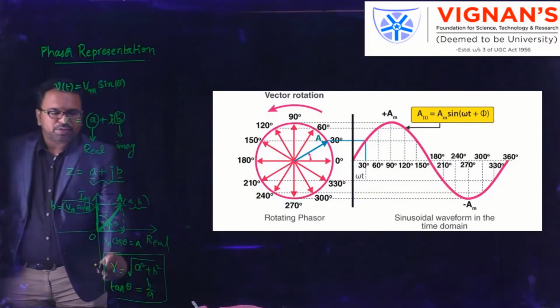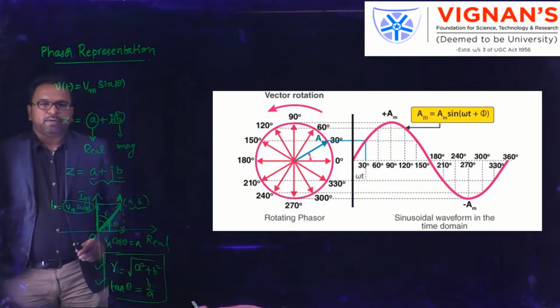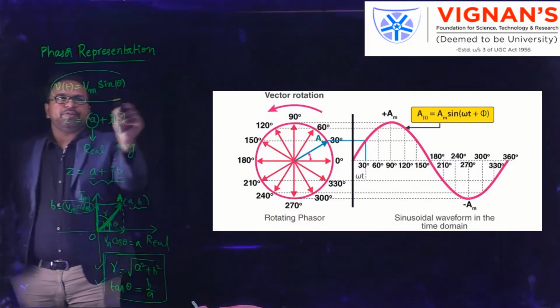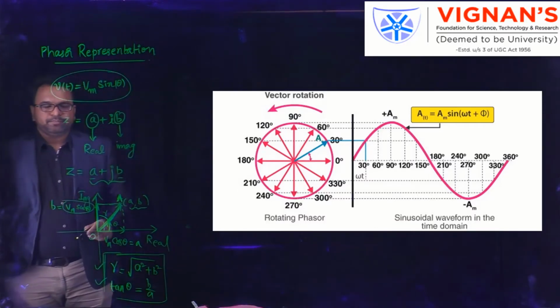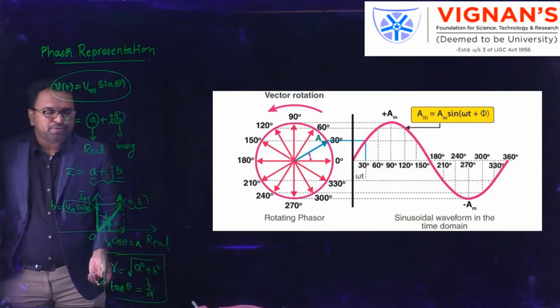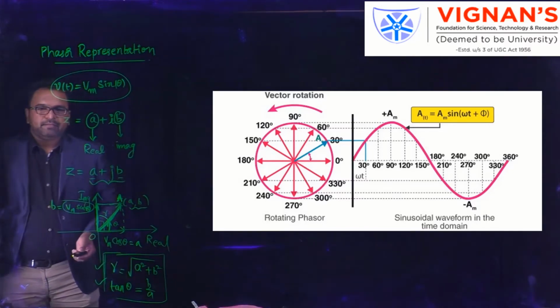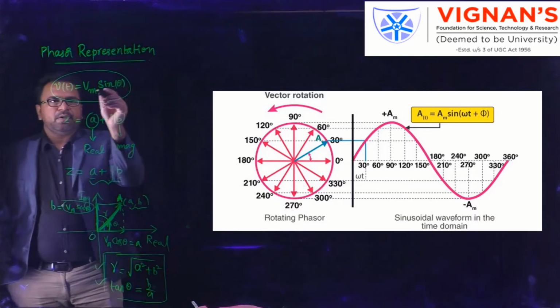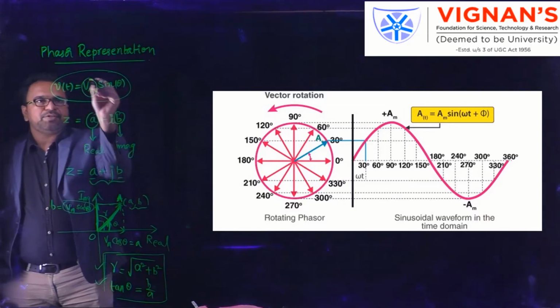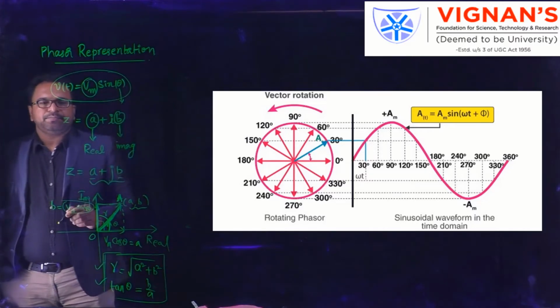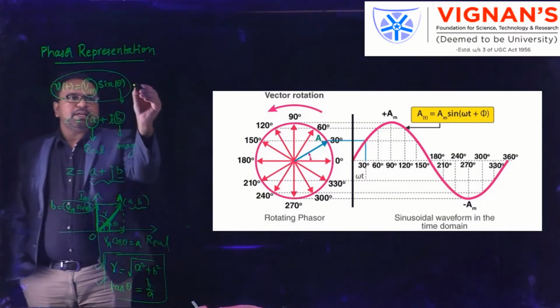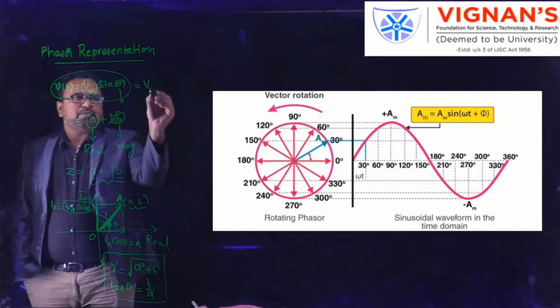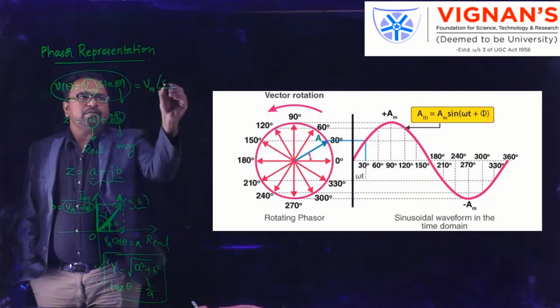These two relations are going to be used to represent a sinusoidal quantity using phasor notation. Here r is the magnitude and theta is the angle, which we are going to call the phase. Now coming to this expression, what is the magnitude here? Vm is the magnitude and theta is the phase. The same expression can be represented in phasor form as Vm at an angle of 0 degrees.